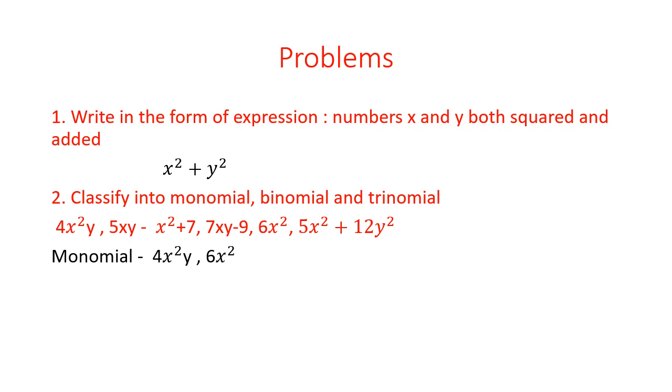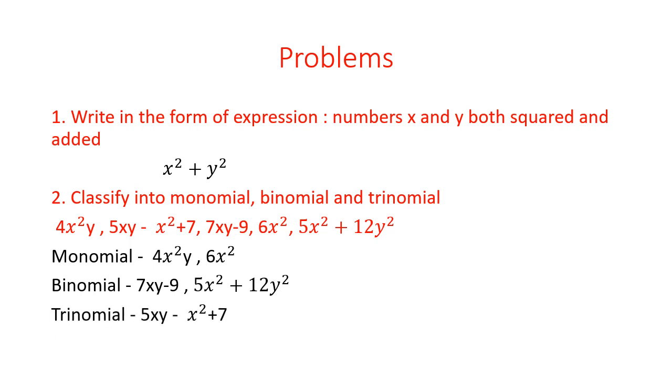Monomial means it must have only one term. So it is 4x square y, only one term, and 6x square. Then binomial: we need to take expressions with two terms. That is 7xy minus 9 and 5x square plus 12y square. And finally trinomial: 5xy minus x square plus 7. It has three terms. So trinomial.